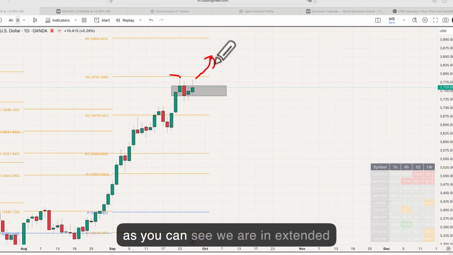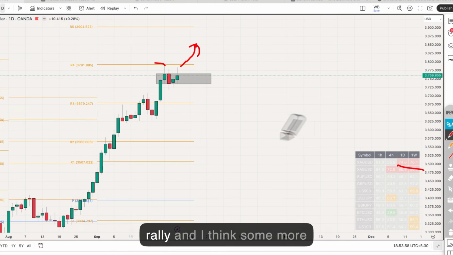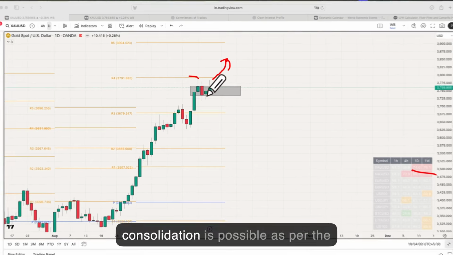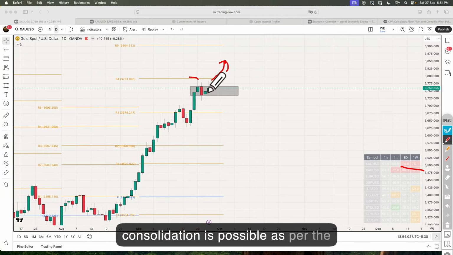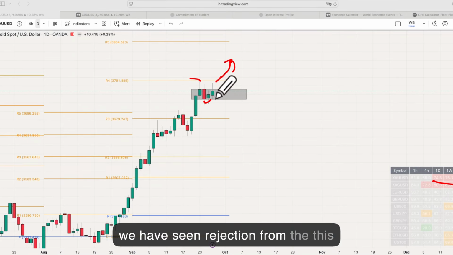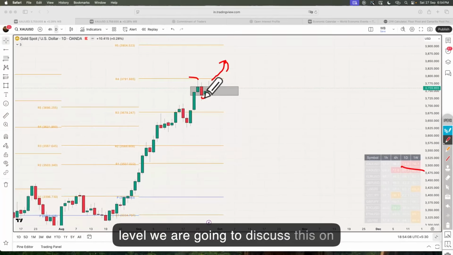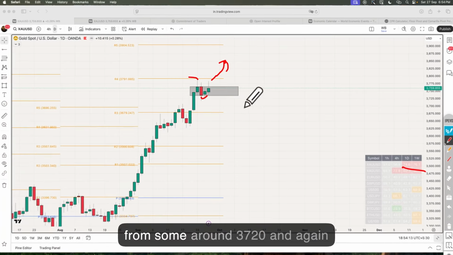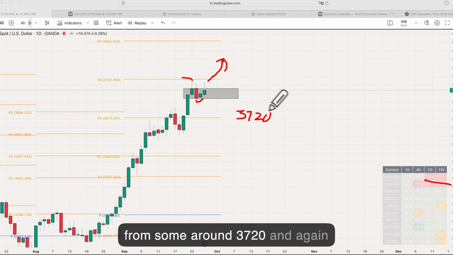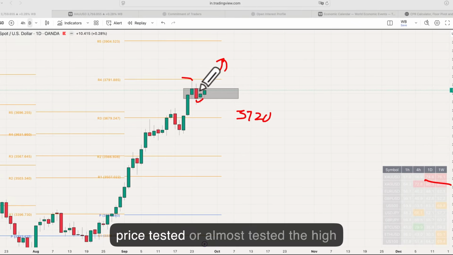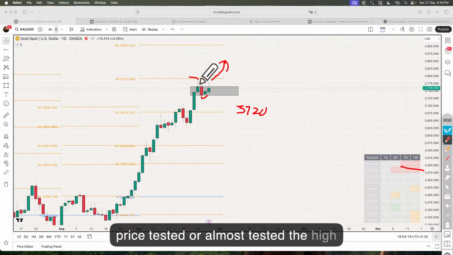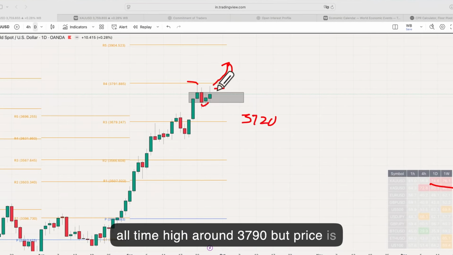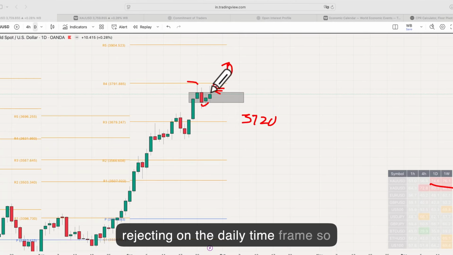But as you can see, we are in an extended rally, and I think some more consolidation is possible as per the daily time frame. On the daily time frame we have seen a rejection from this level. We are going to discuss this on the 4-hour time frame, but price rejected from somewhere around 3720, and again price almost tested the all-time high around 3790, but price is rejecting on the daily time frame.